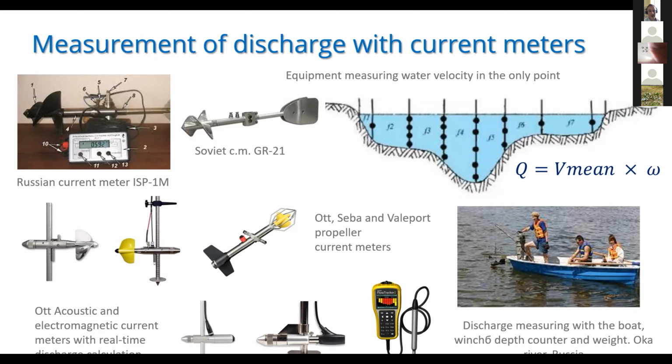It's a current meter, and in the world, the modern type of water velocity measurement equipment are electromagnetic or some kind of this, and semi-automatic. On the picture, you can see that type of water velocity measurement with the boat on the large river.